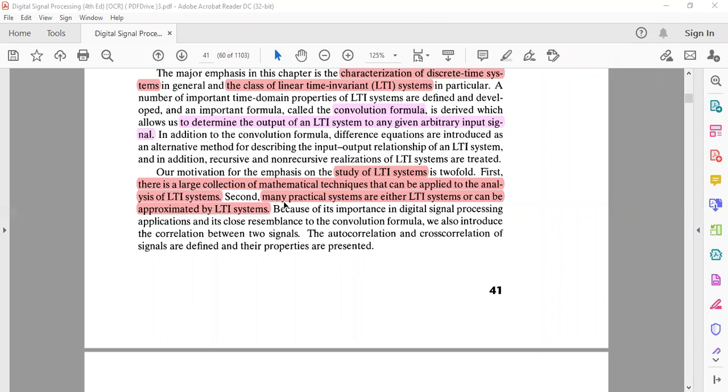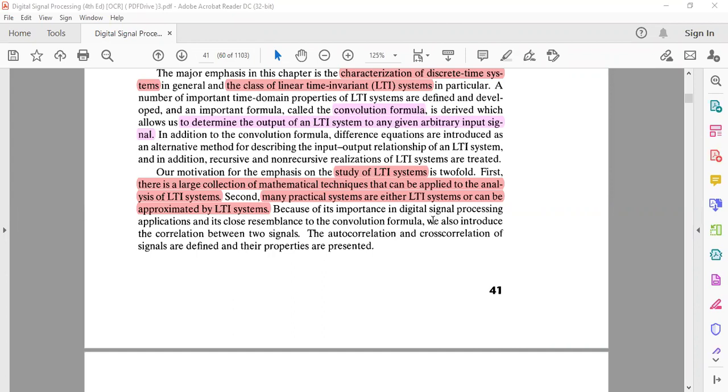Second, many practical systems are either LTI systems or can be approximated by LTI systems. You remember we said that one of the biggest advantages of sinusoidal signals was that they could quickly be analyzed, and that even other signals could almost be approximated by sinusoidal signals. And this is now the other important point with LTI systems.